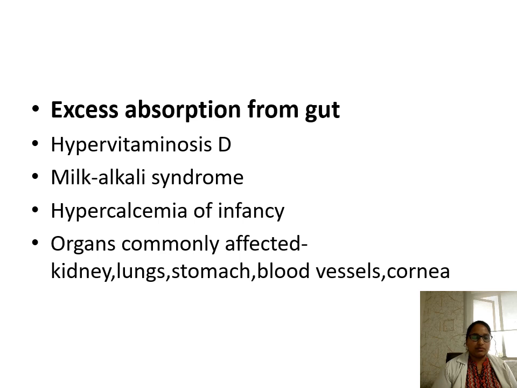The common tissues involved in metastatic calcification are kidneys, lungs, stomach, blood vessels, and cornea. Whereas in dystrophic calcification, dead and degenerating tissues are more commonly affected, in metastatic calcification normal tissues are affected.